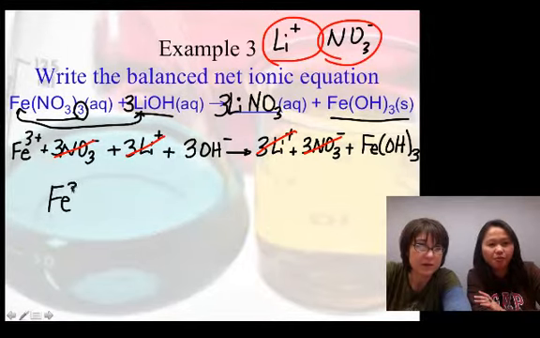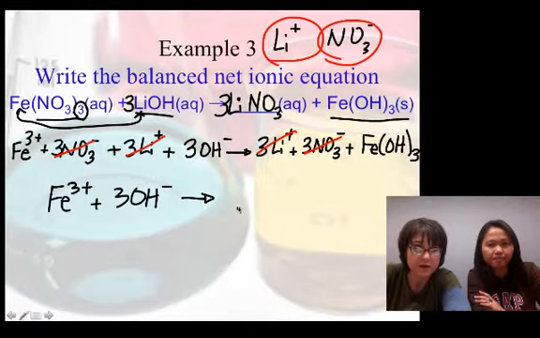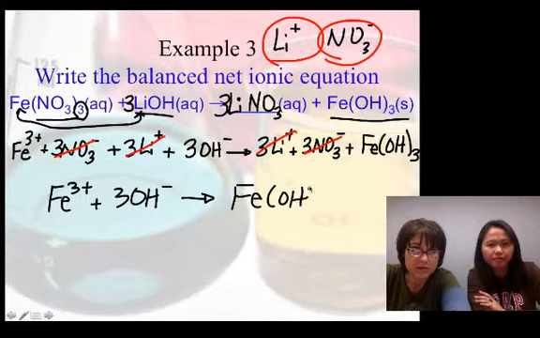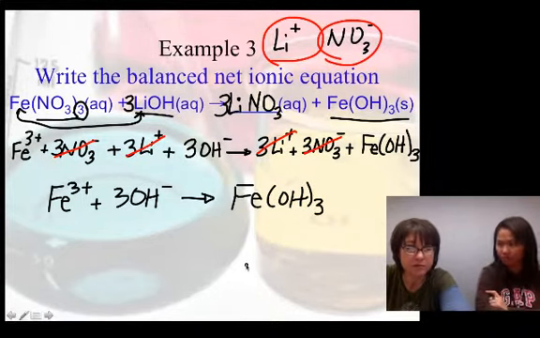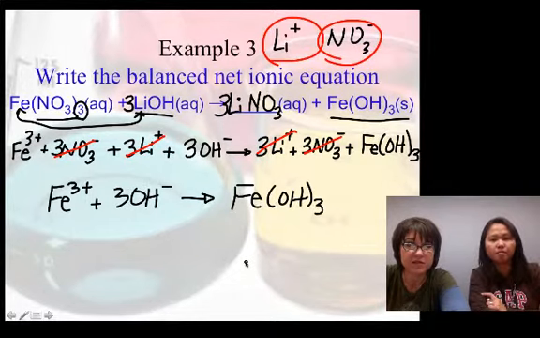So that's Fe3+ plus 3 OH minus, 3 hydroxides. We made iron 3 hydroxide. And it's balanced. I see 3 plus and 3 minus. Even the atoms are balanced. Perfect, net ionic equation.